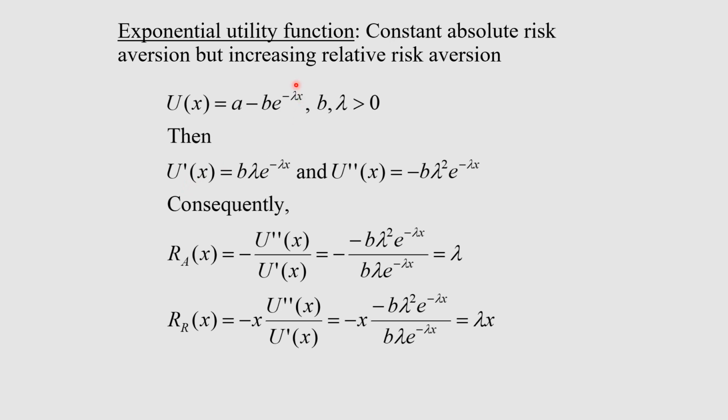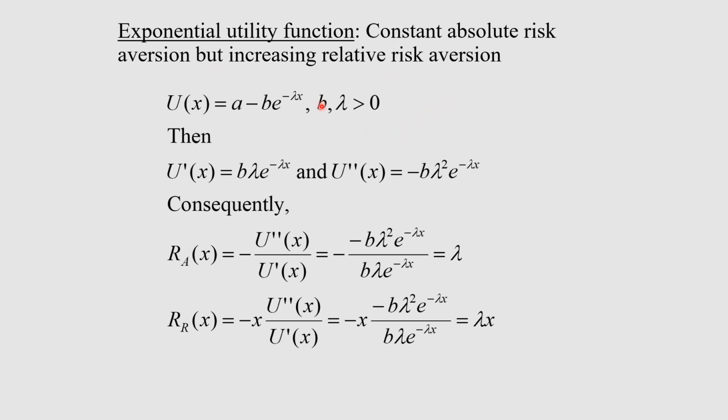Now, we also have the exponential utility function. Remember, these are different utility functions that we specify for various kinds of individuals. Here the absolute risk aversion is constant, but there is increasing relative risk aversion.